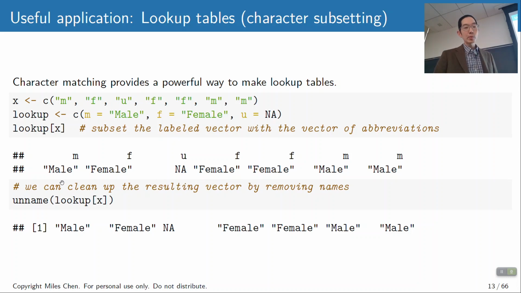And then if you want to drop the names that appear here, then you can unname the corresponding vector as well. And so now we've basically replaced all instances of M with male, all instances of F with female, and so on and so forth. So this is a useful little thing if you find yourself in a situation where you need to replace certain values with other values.